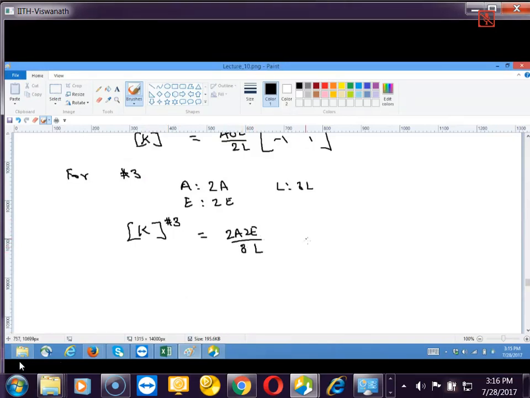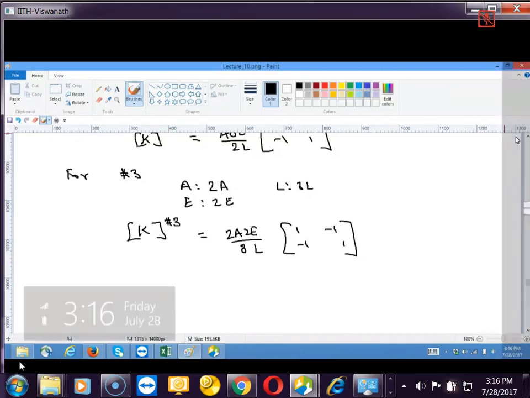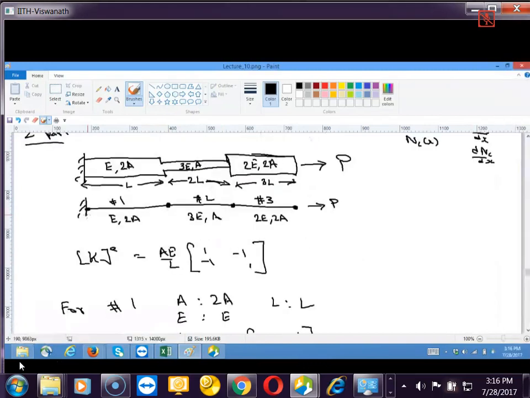But I am not interested in the element stiffness matrix of 1, 2 and 3. I'm interested in the global things. So let us go back, and we know the node numbers: this is 1, this is node number 2, this is node number 3, this is node number 4.